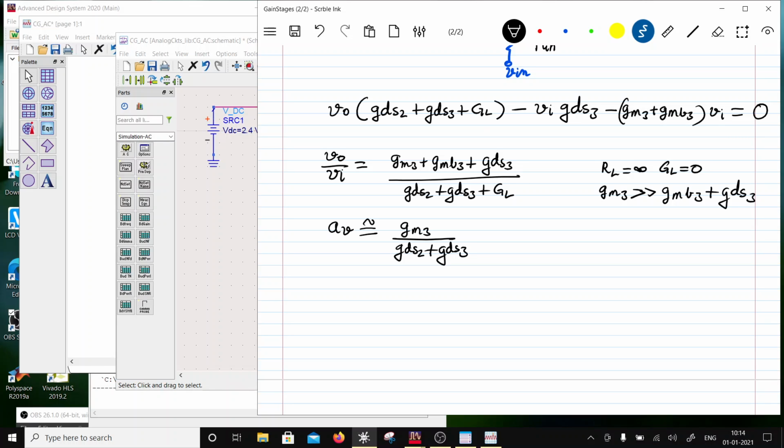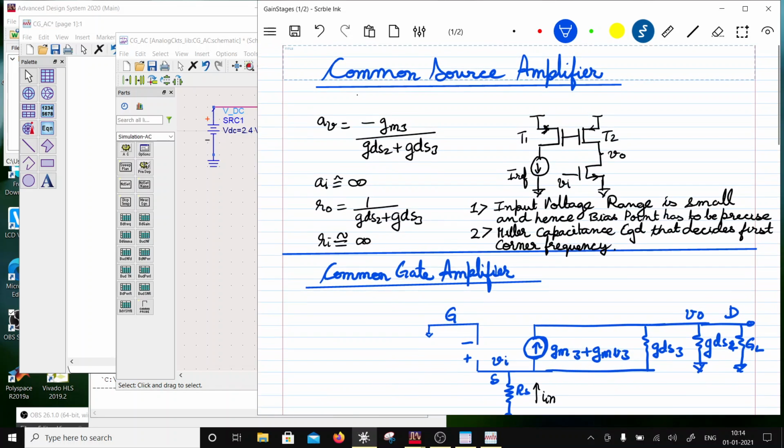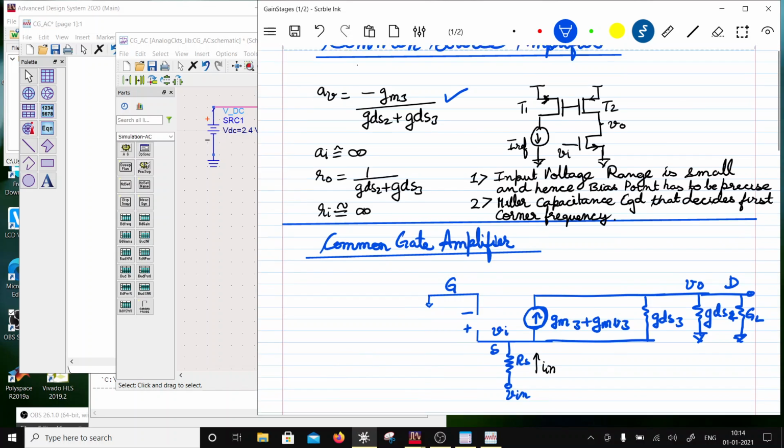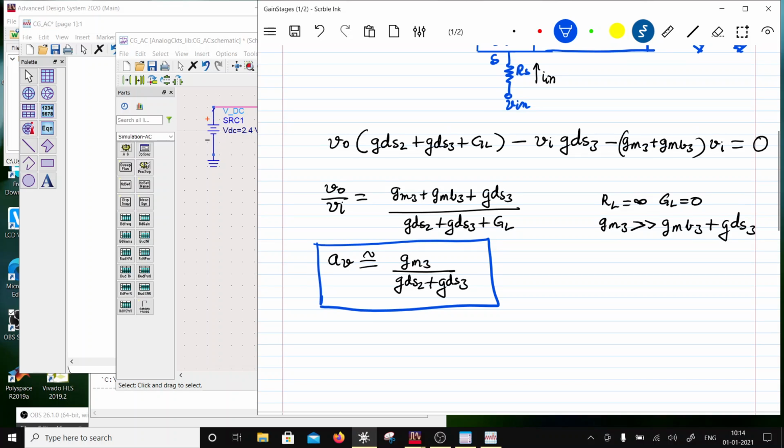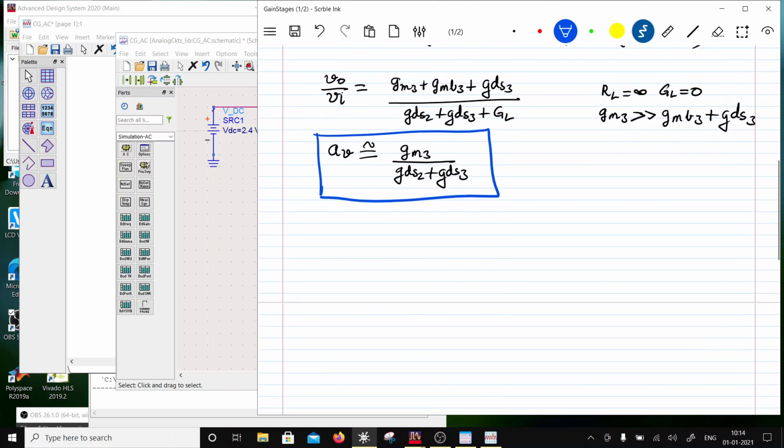Okay, so that will be AV. So the AV for common gate is same as the AV for common source, only that there is a negative sign, or there is no 180-degree phase shift between input and output.